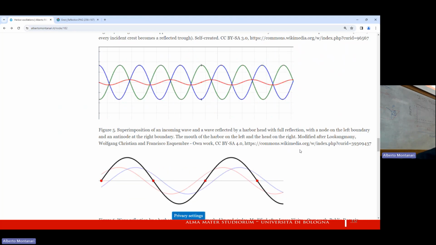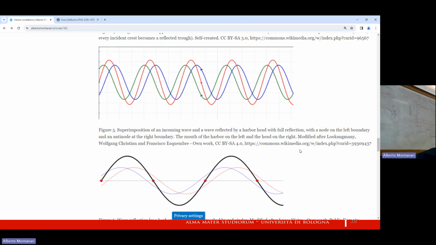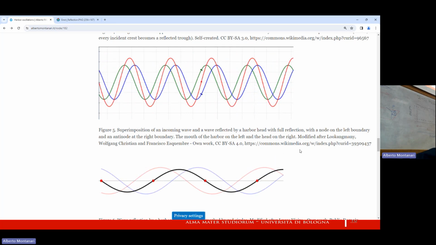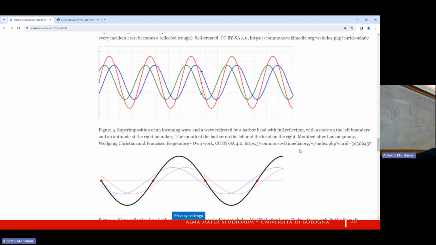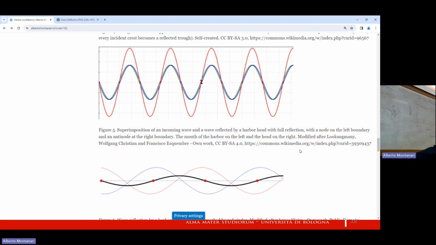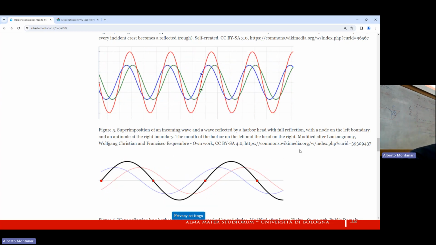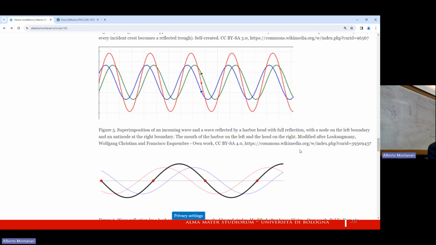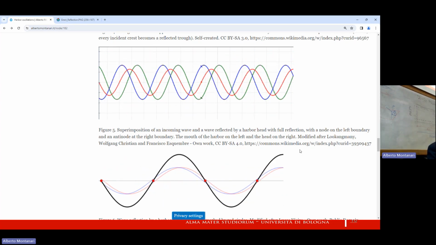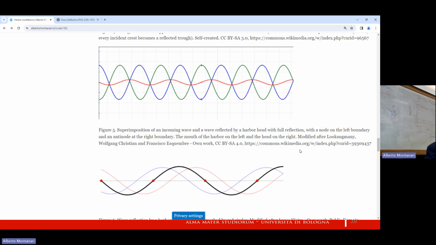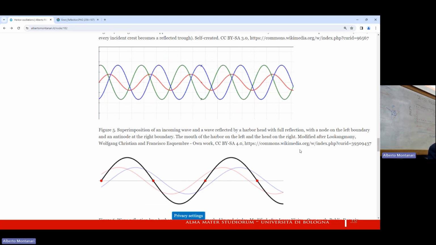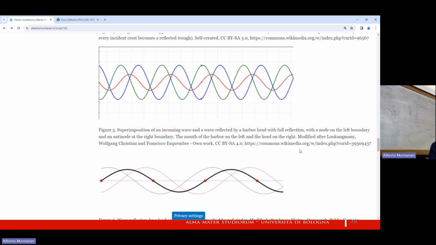So I'm not teaching them anymore. But basically, in order to study the reflection, if you impose that at the head of the harbour there is no horizontal movement because the head is fixed, the reflection takes place with conservation of phase.